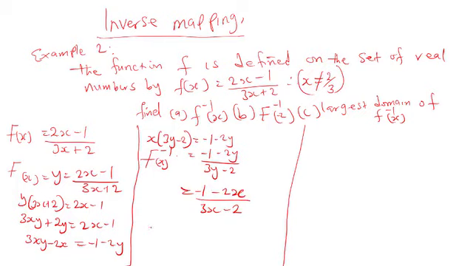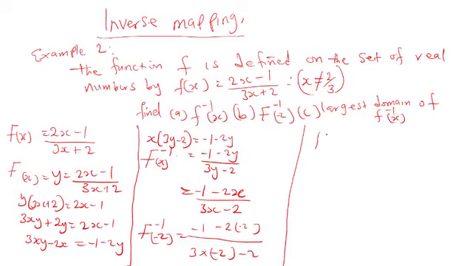So for f inverse of minus 2, it is equal to minus 1 minus 2 times minus 2 over 3 times minus 2 minus 2.